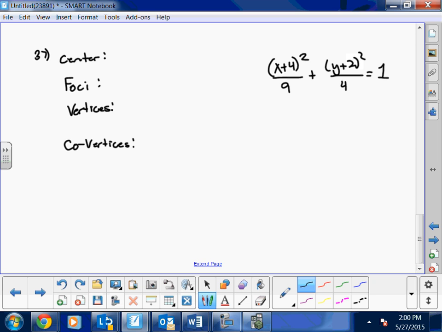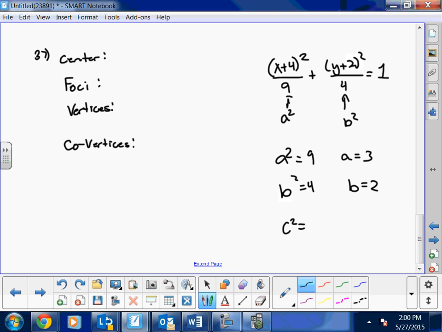Now a couple of things that we need to take from this. With an ellipse, first of all, this is going to be a squared and this is going to be b squared, because remember, a squared is where we get our vertices from. So in this case, a squared is equal to 9, a is equal to 3. B squared is equal to 4, which means b is equal to 2.